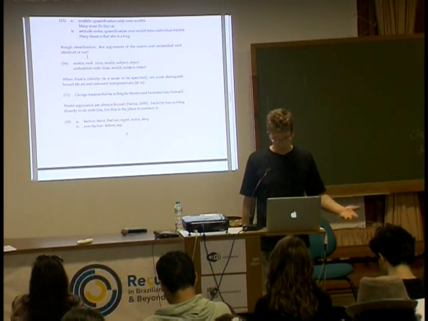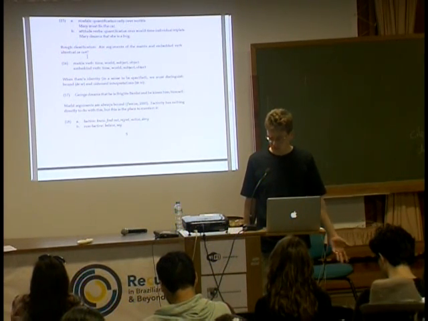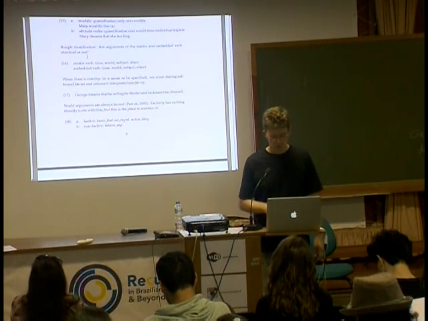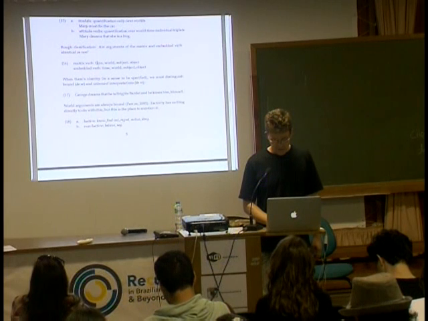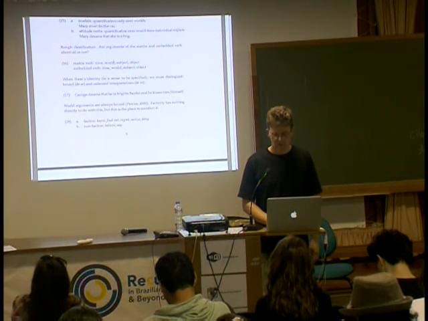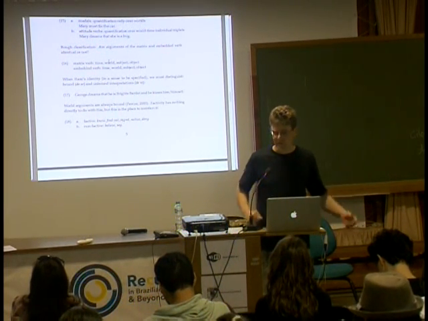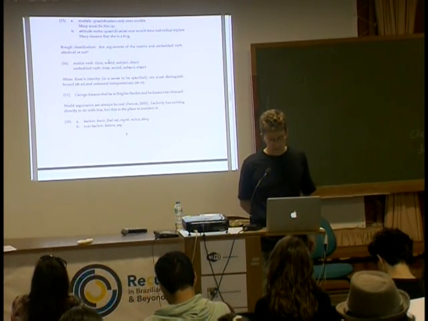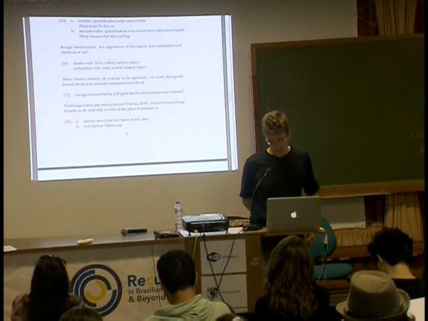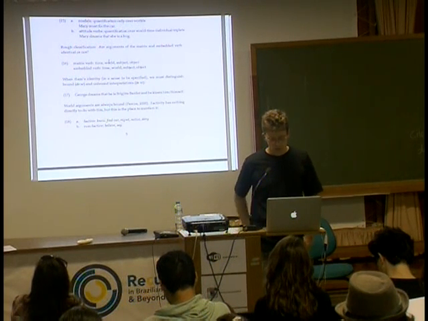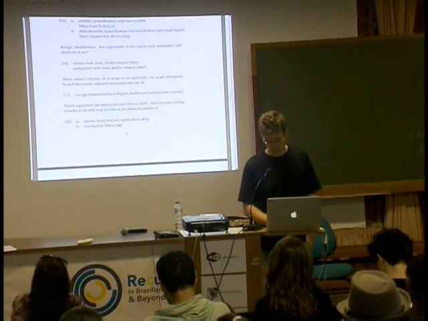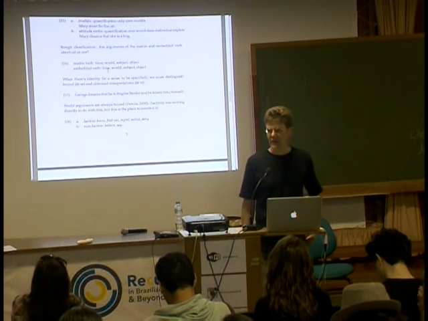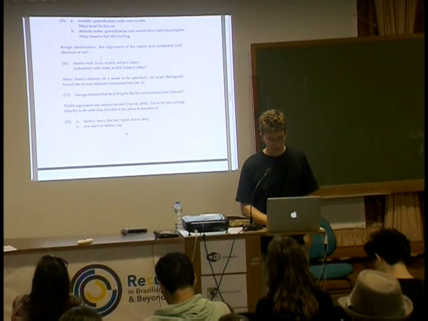When you have a complement clause, you have two verbs, the matrix verb and the embedded verb, and each of them has at least a time and a world argument. So the circumstances where this described event is taking place, and then the subject and possibly an object. In principle, you could have either identity or non-identity in all of these components.